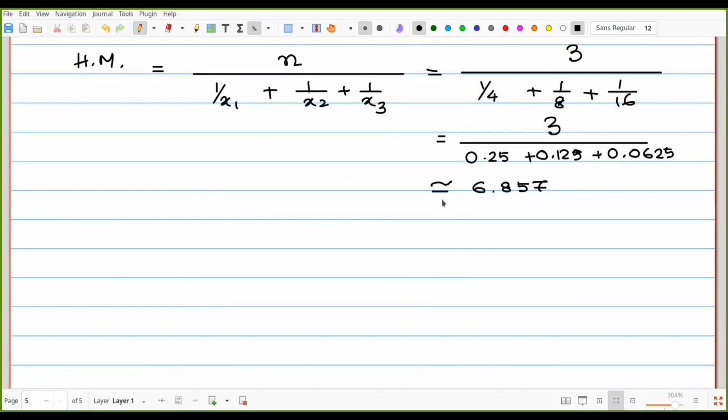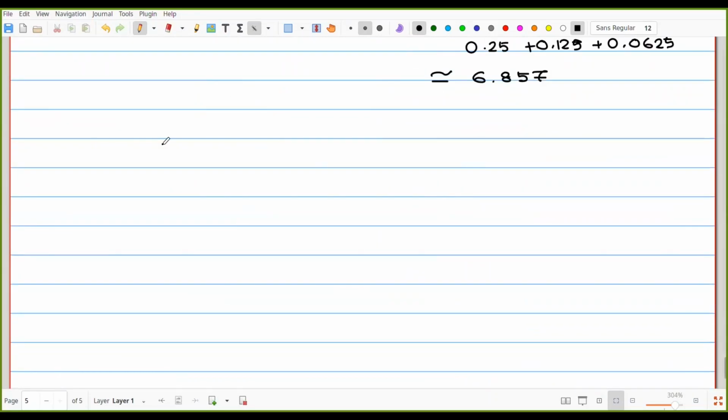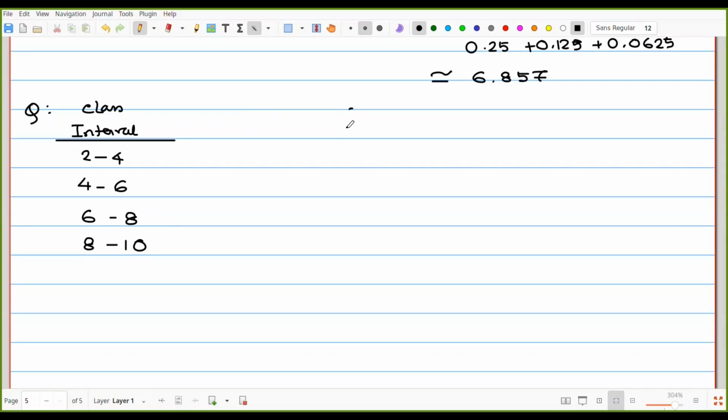Just another problem on HM, that would be better. Suppose a series has been given based on class intervals, so I am directly writing the table. The class intervals are 2 to 4, 4 to 6, 6 to 8, 8 to 10, and the frequencies are 20, 40, 30, 10.